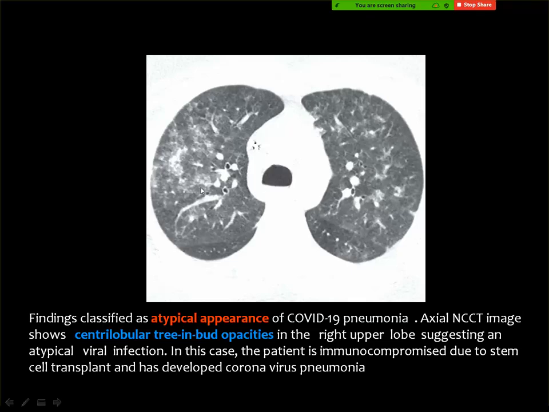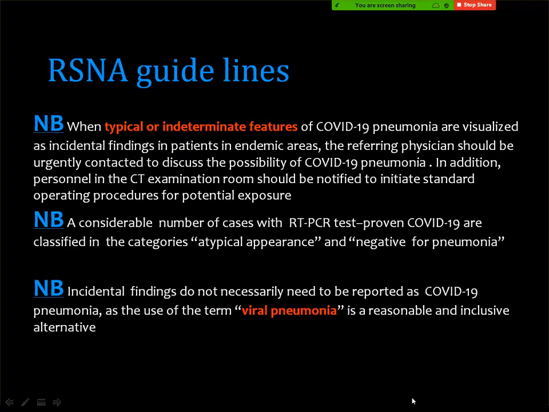The atypical appearance is some haziness in the lung fields, and you do not see actual ground glass patches or peripheral distribution. Then this is known as atypical appearance, and it should be reported in the radiology report as viral pneumonia. And you recommend the help of laboratory tests to confirm the diagnosis.